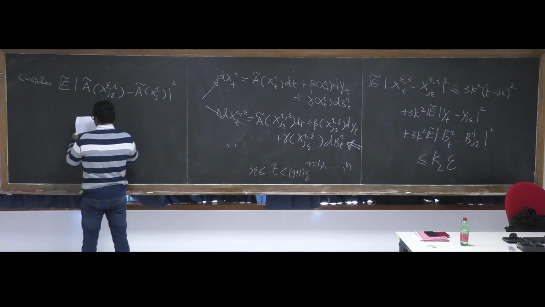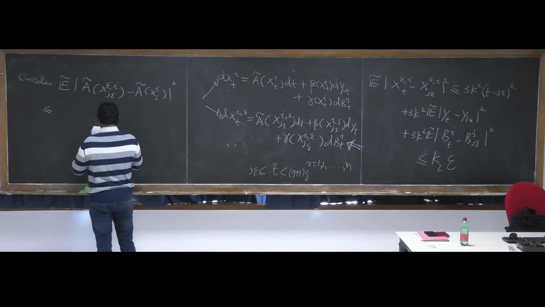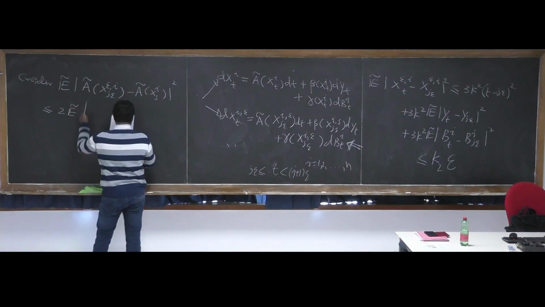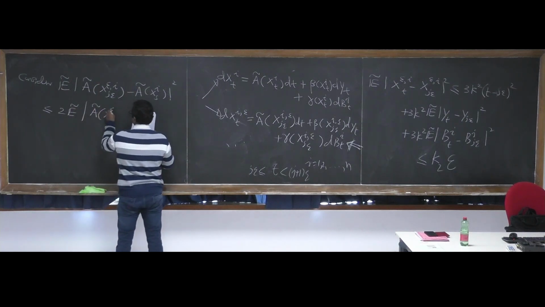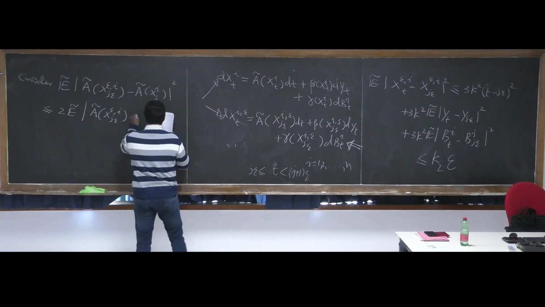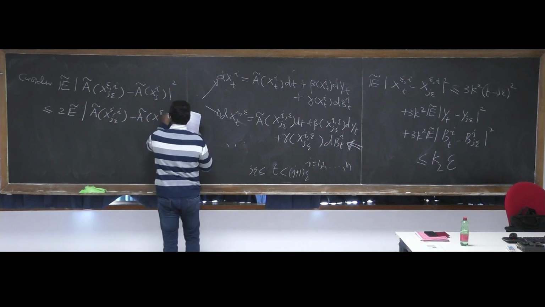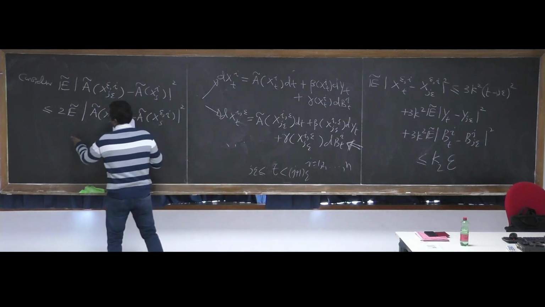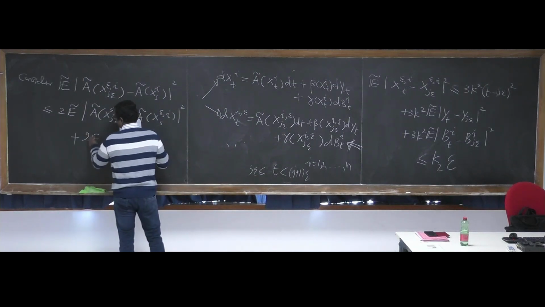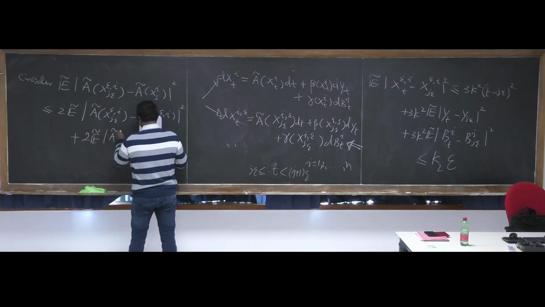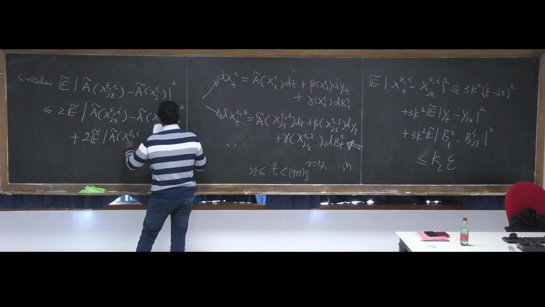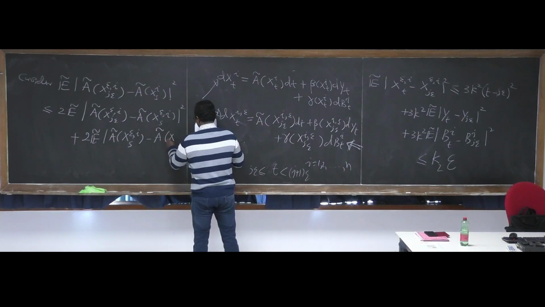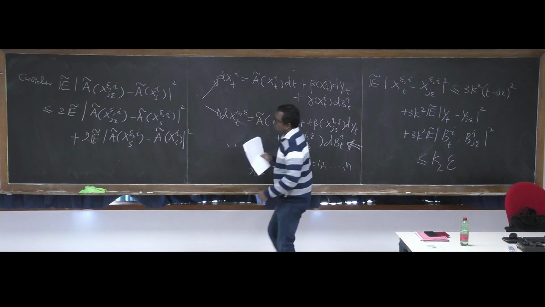first of all the triangle inequality. This is 2 times the expectation of ã(X^ε_i(s)) minus ã(X^ε_i(s)) squared, plus 2 times the expectation of ã(X^ε_i(s)) minus ã(ξ^i_s) squared.